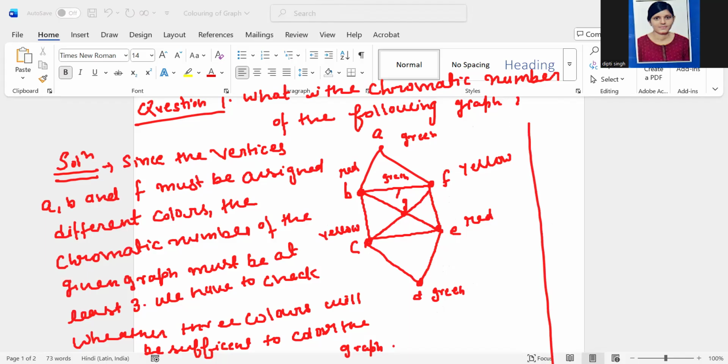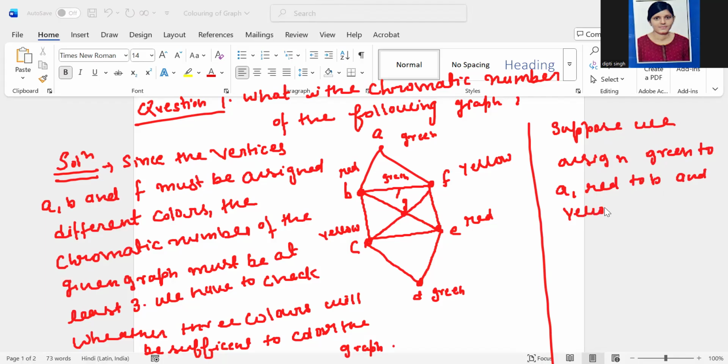So let me write. Suppose we assign green to A, red to B, and yellow to F. Then G can be colored green.